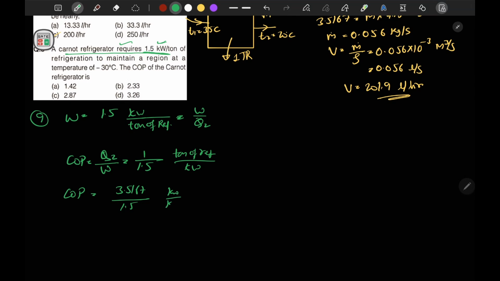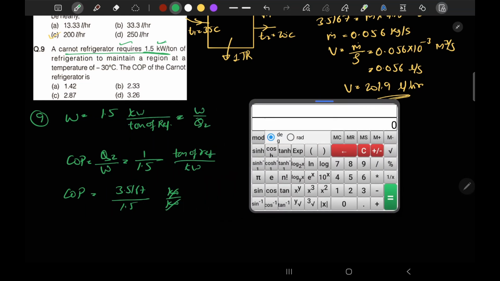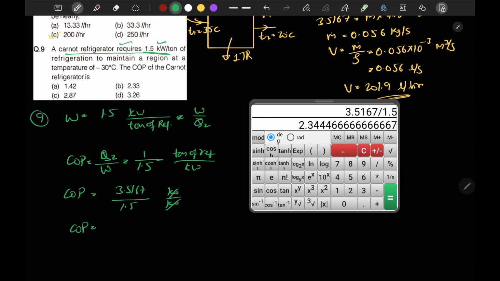Both are now kilowatt, so kilowatt will cancel kilowatt and the COP is unitless. Now we solve 3.5167 divided by 1.5, and we get COP equal to 2.344. So answer B is correct.